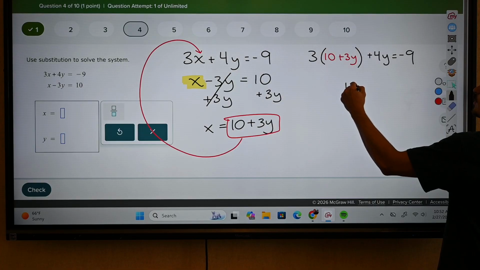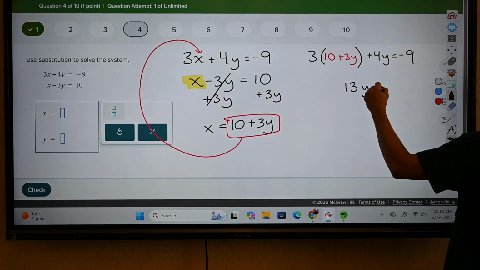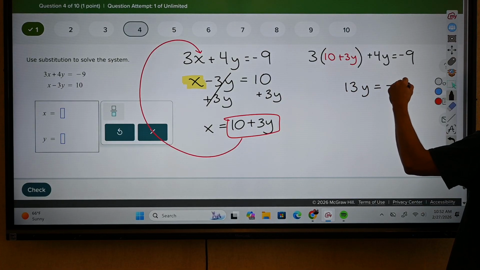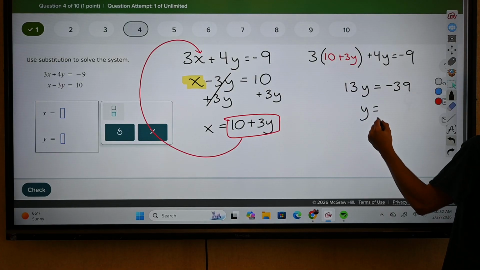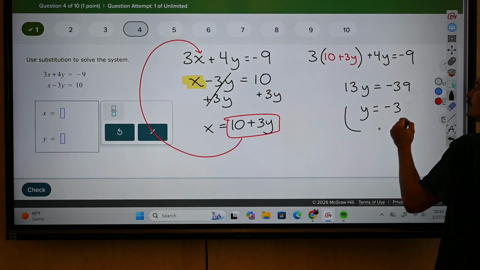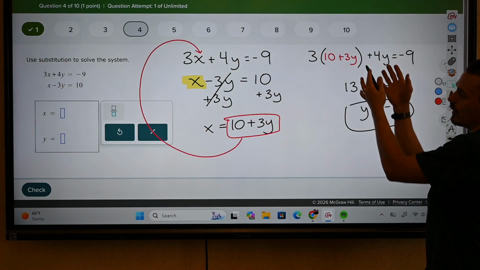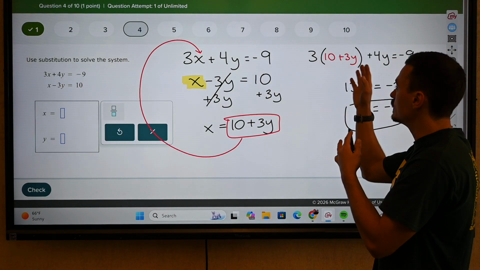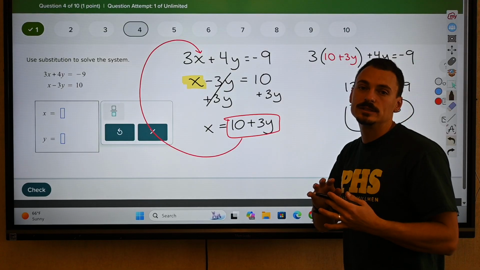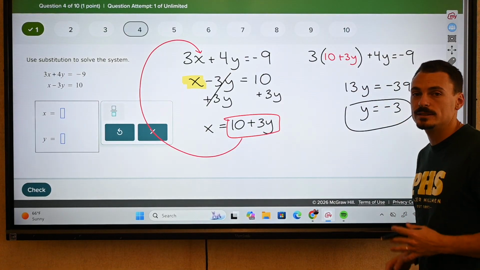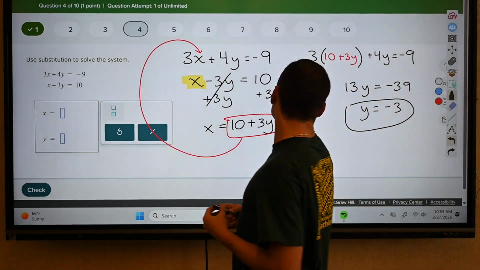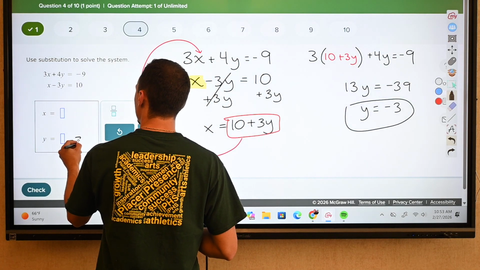We get 13y equals negative 39. Y equals negative 3. If you are not quite understanding how I'm solving those, this is a previous topic, so you've got to go backwards to understand how to solve equations. I can't review it, I don't have time. So we get y equals negative 3.